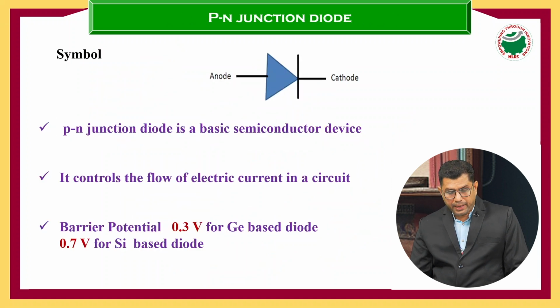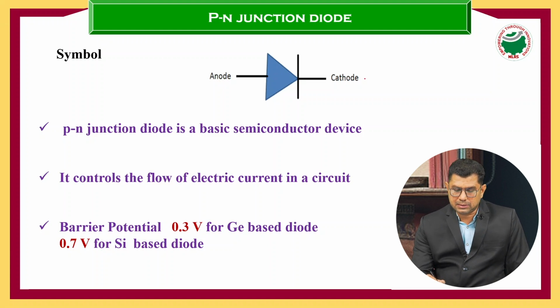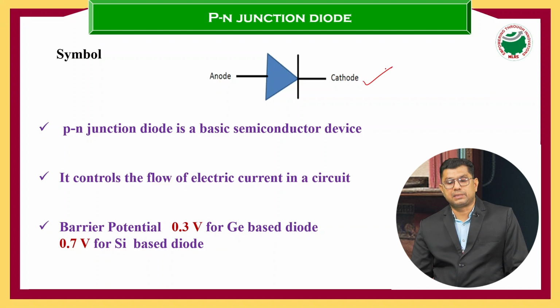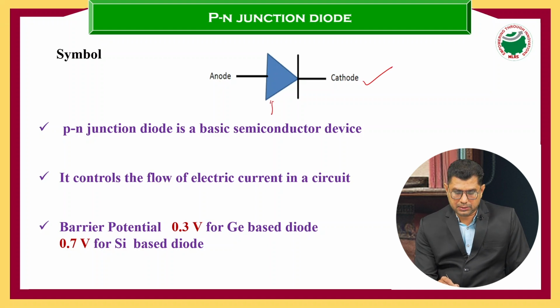Now, to make electrons move from one side to the other side, you need to give some biasing. See, this is the symbol of the PN junction diode. This is the P type and this is the N type. The straight line is the N type and the triangle is the P type.